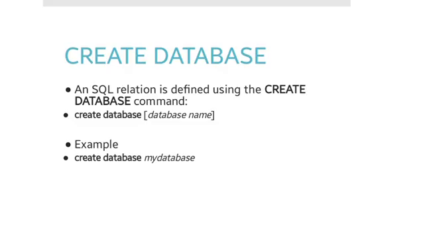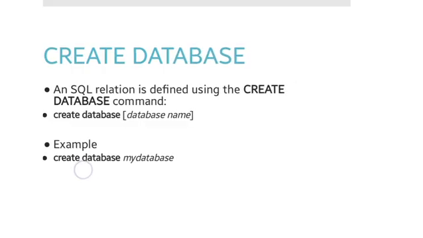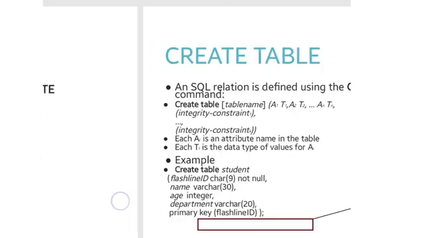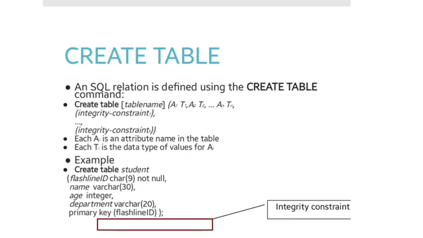This tells SQL that all upcoming tables and operations should happen inside this database. So create database is the first step in database development because it creates the space where all tables and data will be stored. Now we can move on to the next slide, that is create table.